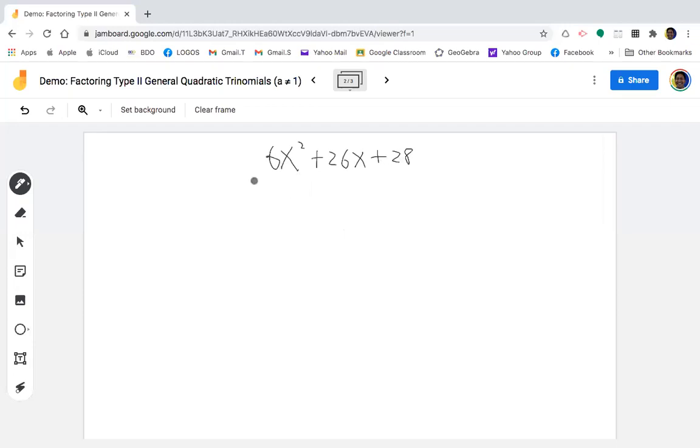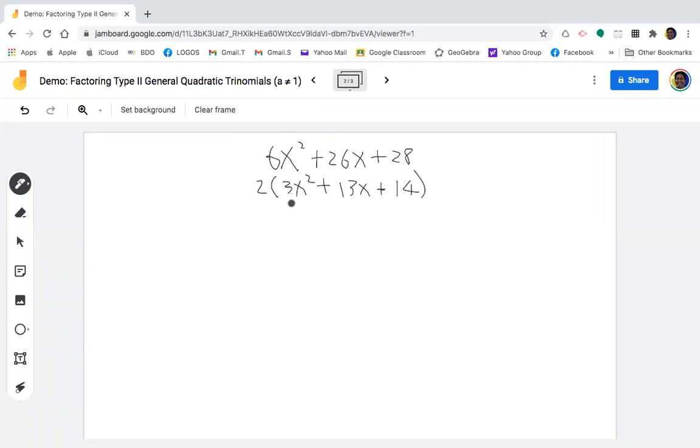We'll factor it out first. So let's factor out 2 and rewrite the terms of the trinomial as 3x squared plus 13x plus 14. All right.